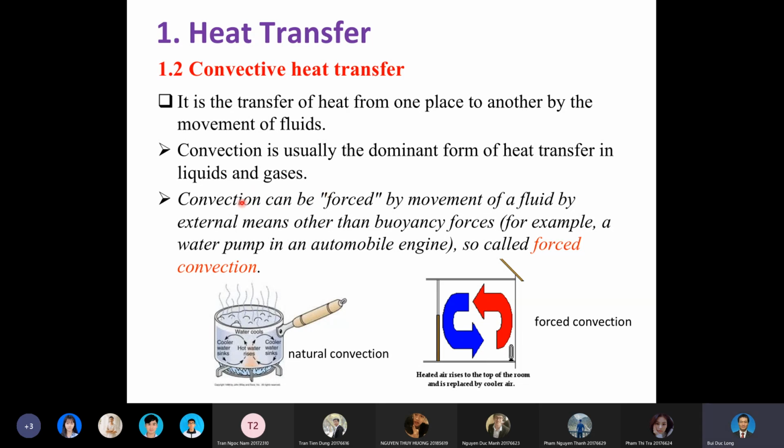Convection can be forced by moving a liquid by external means other than buoyancy force, for example a water pump in an automobile engine. So we call it forced convection.